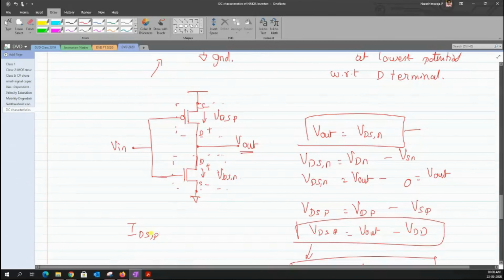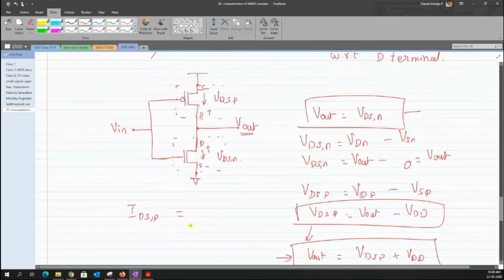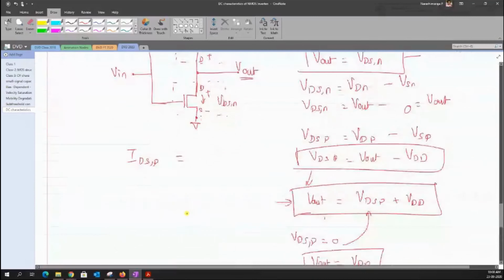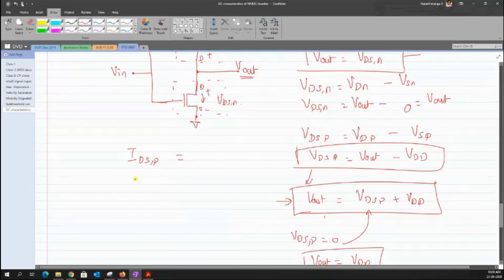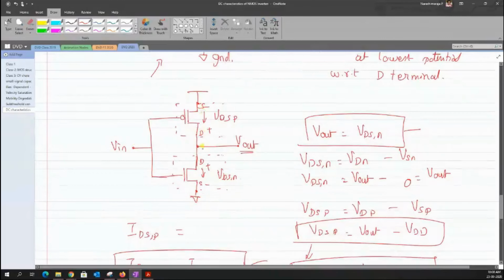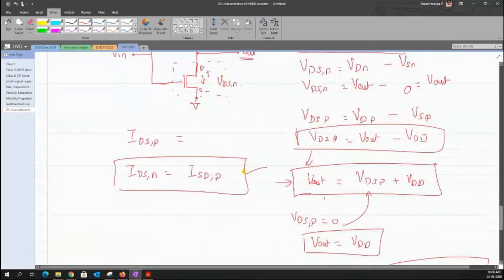Instead of writing it as IDSP, which carries a negative current, these negative currents have to be translated to a common current just by writing it as IDS, since the current is actually flowing from source to drain here and from drain to source there. Since both the current directions have to follow the same notation, I would end up having this.